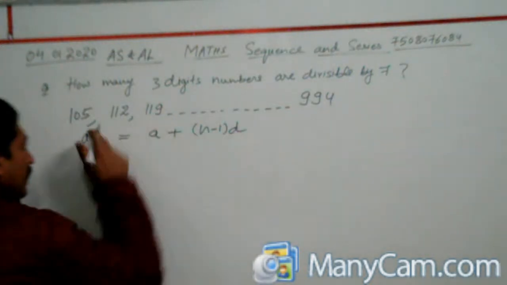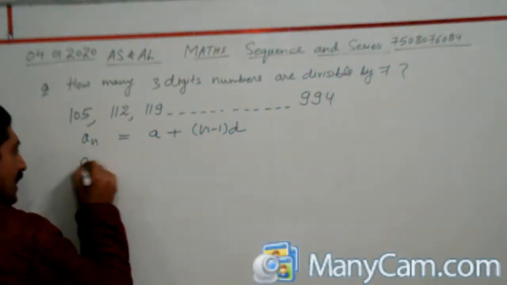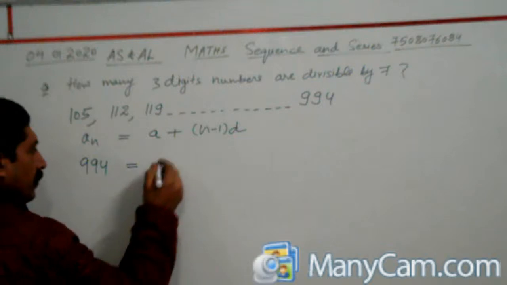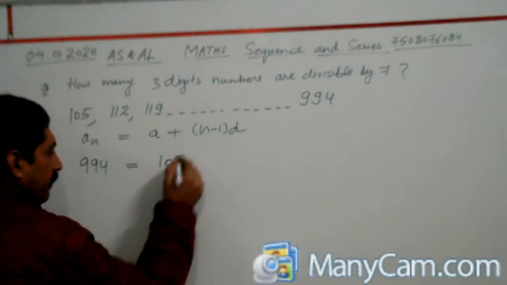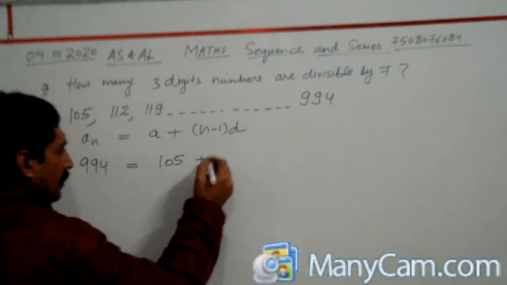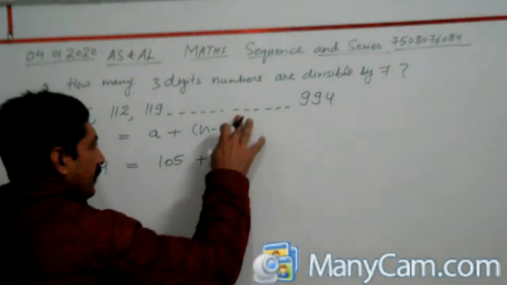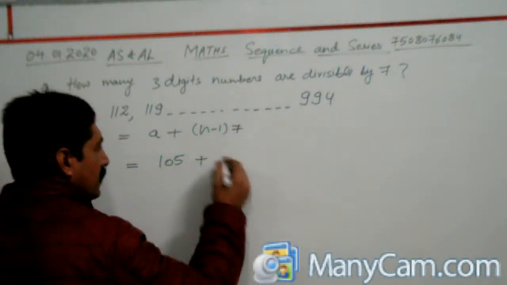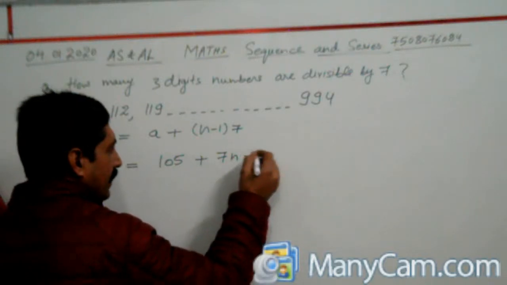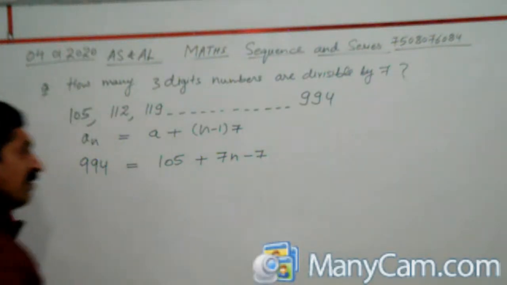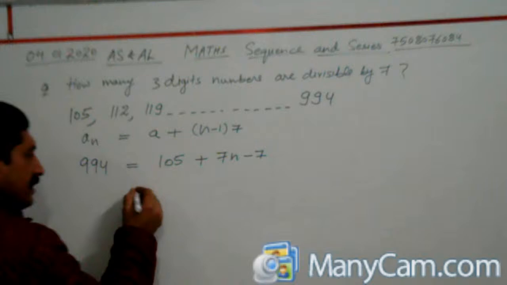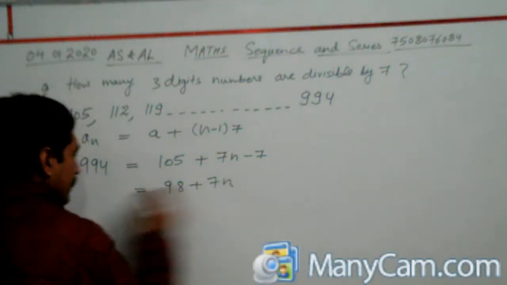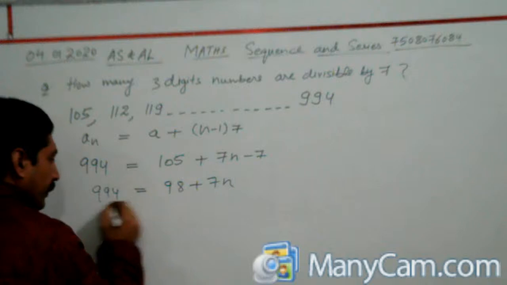Here 994 is equal to 105 plus (n minus 1) into b. The common difference b is 7. So we have 7n minus 7, that is 98, plus 7n is equal to 994, right?